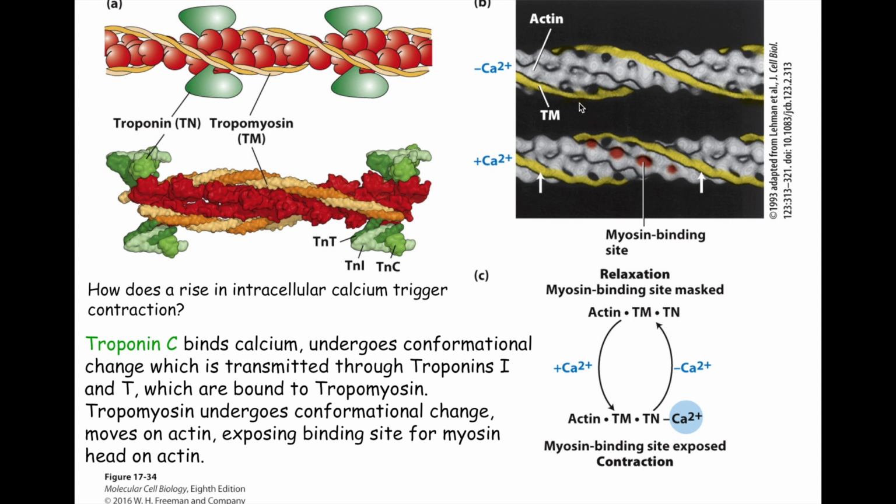And when calcium is gone, it covers those myosin binding sites up. So calcium has to be present in order for myosin to have a place to bind on actin. The previous slide where we were talking about the power stroke and all that sort of stuff only happens when calcium is around. If calcium isn't around, there's no place for myosin to bind on the actin. And that's the key involvement of calcium.